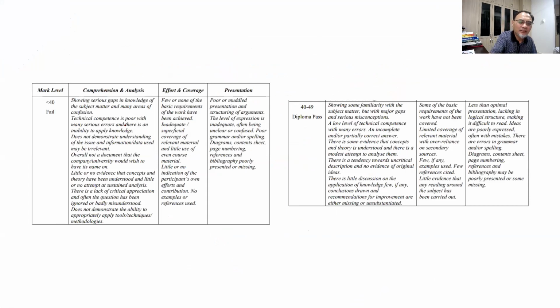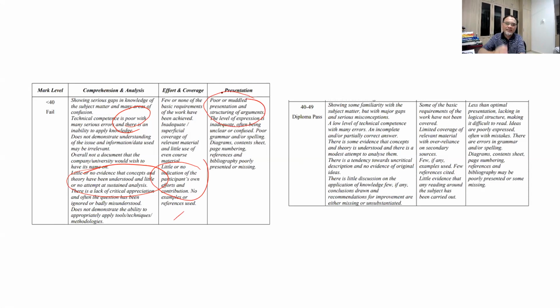Okay, technical competence is poor. Lack of or little evidence that concepts and theory have been understood, and little or no attempt at sustained analysis. Little or no indication of the participant's own effort and contribution, no examples or references used, poor or muddled presentation and structuring of arguments.